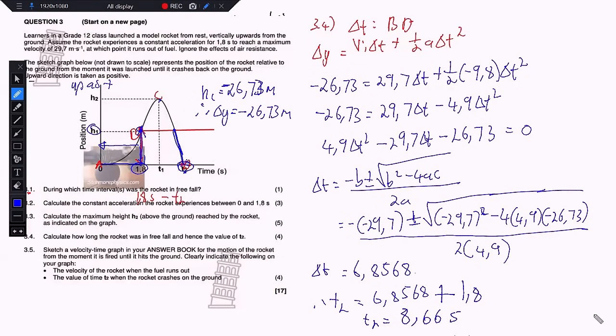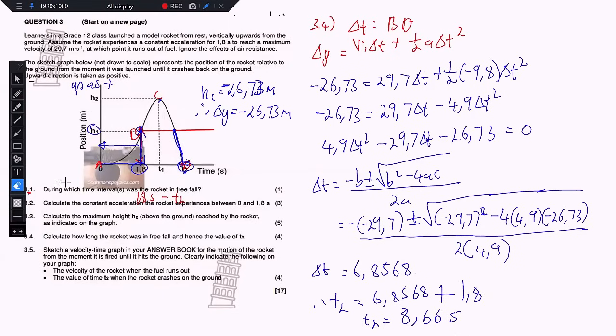Right. So that one was a pretty interesting question here. I hope that you understand all that, especially 3.4 with the displacement and how you change the direction of the displacement based on the change of direction of the ball there, or the rocket, right? So make sure that you note that, and then you revisit the question again to make sure that you understand everything.